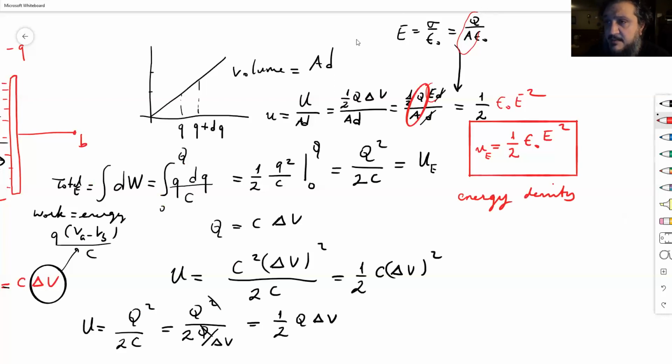All right, I'm going to stop here. And then in the next video, I'm going to talk about dielectrics. So those are used to increase the capacitance.